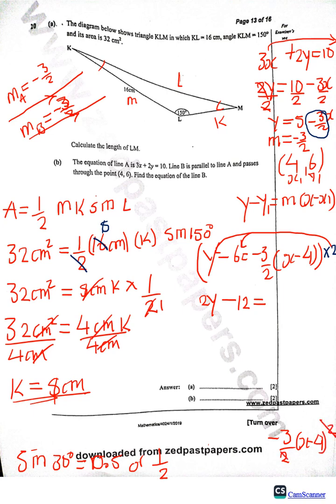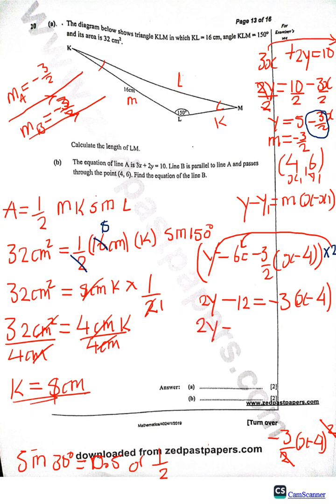These 2 and this will cancel, giving us negative 3 times x minus 4. That is one way in which you can get rid of a fraction. For those for whom it may be difficult. But if negative 3 over 2 times x minus 4 is simple for you, then you can just do it like that. Okay, so now let's continue.